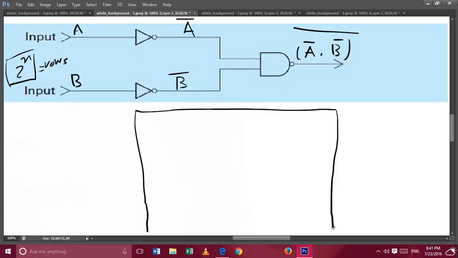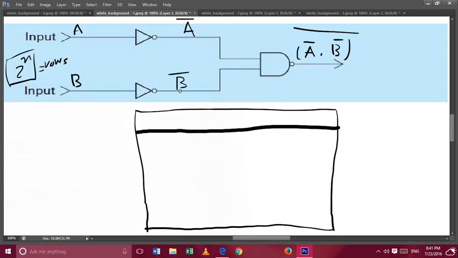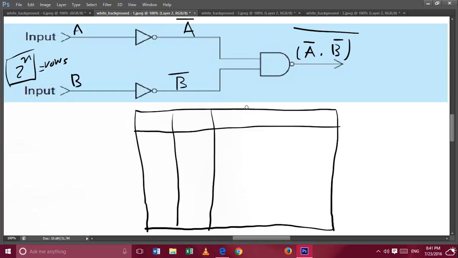So we'll have a table of 4 rows and 5 columns, 1, 2, 3, 4, 5, right?